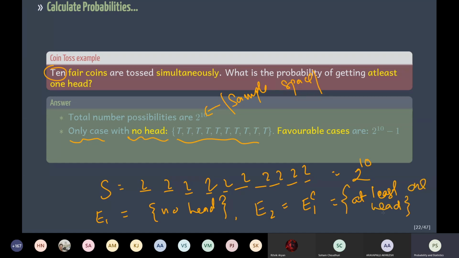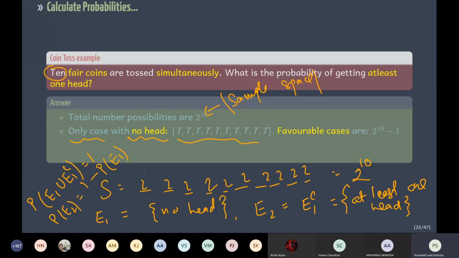We have seen in the previous example that the probability of E1 union E1 complement is 1, and these are disjoint events. What we want is the probability of E2, so the probability of E2 is 1 minus the probability of E1.